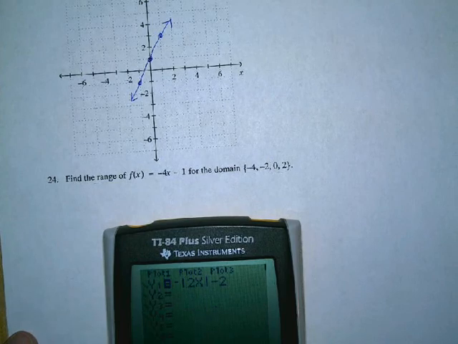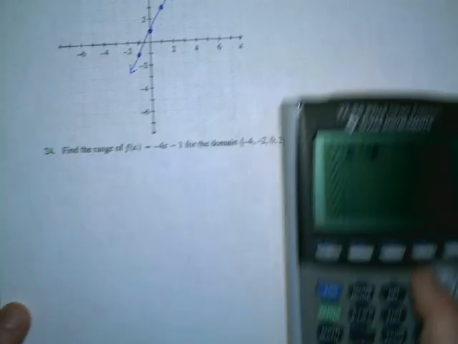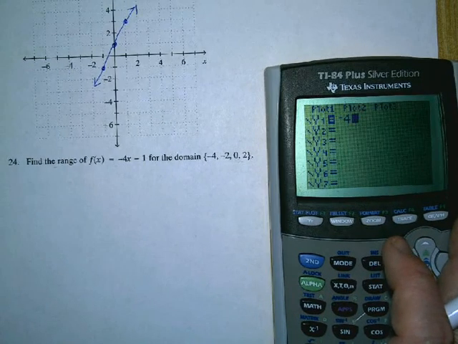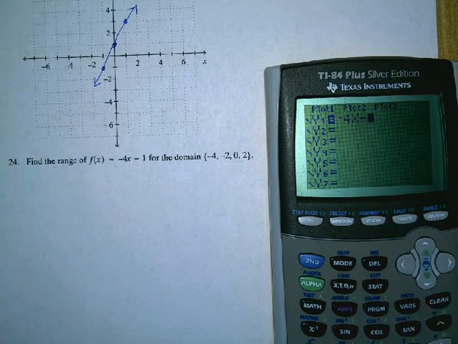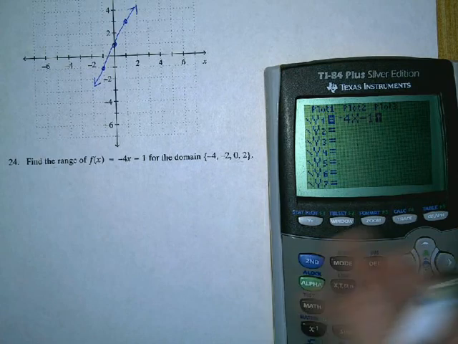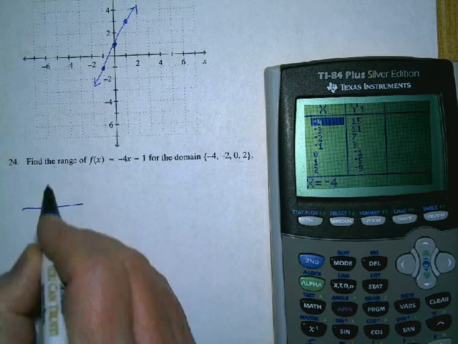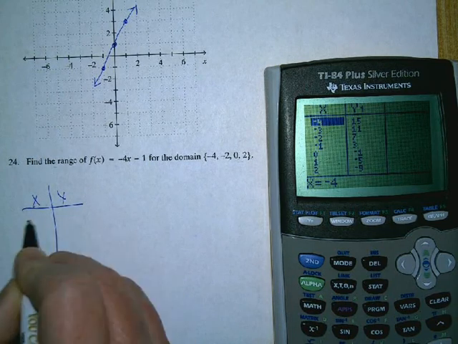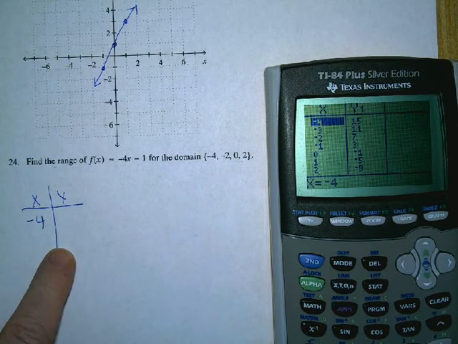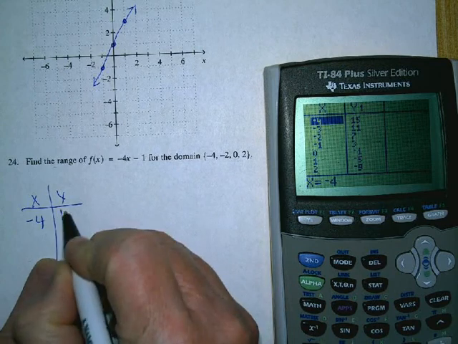And they're interested in negative 4. What's the answer when it's negative 4? 15. Negative 2. 0. And 2. Any questions on those?